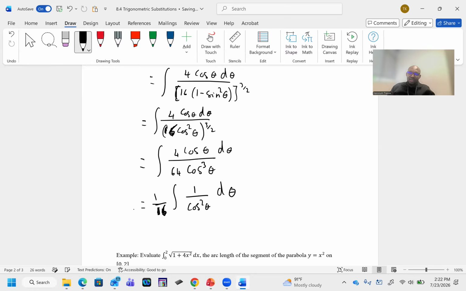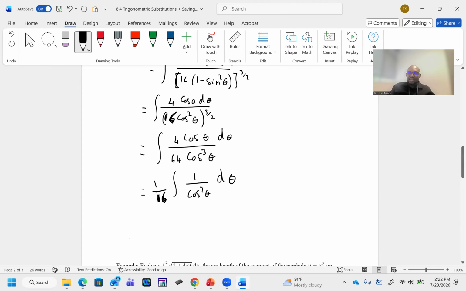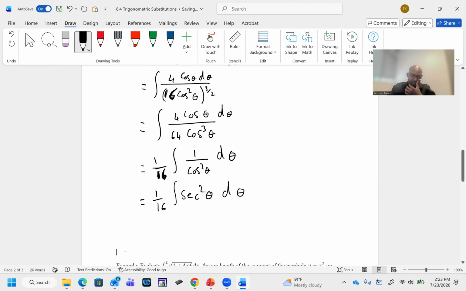But what is 1 over cosine squared theta? Which identity is that? Secant squared theta. So basically, I will have 1 over 16, the integral of secant squared theta d theta. And what is the antiderivative of secant squared theta? That will be 1 over 16 tangent theta plus c, right?